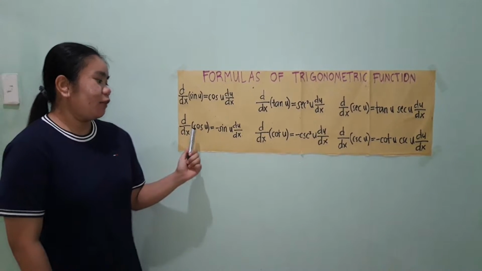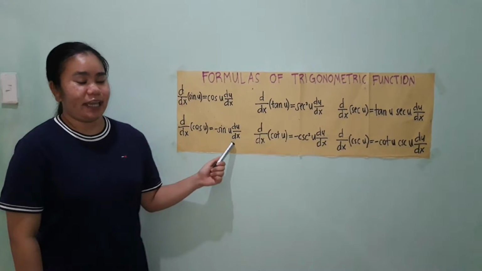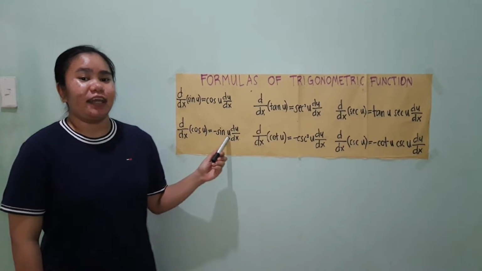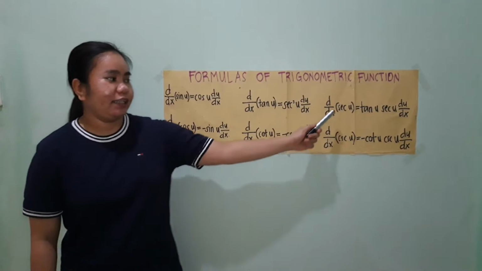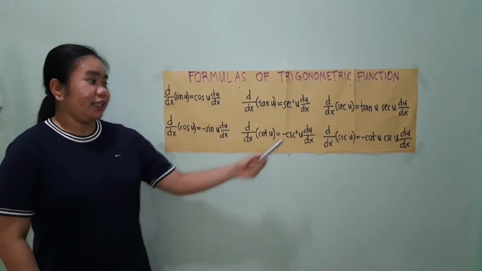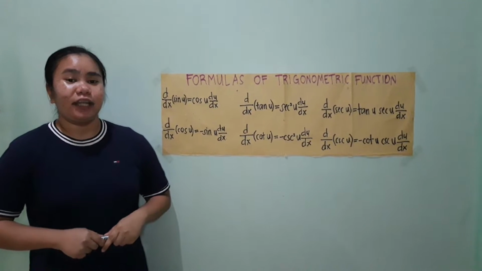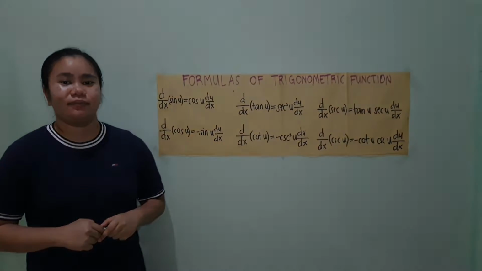And the derivative of cos u with respect to x is equal to negative sine u du dx. And kung mapapansin natin, there are patterns and similarities sa bawat formulas na kailangan nating tandaan. So, these 6 formulas ay ating gagamitin para sagutan yung mga questions mamaya about sa trigonometric functions.